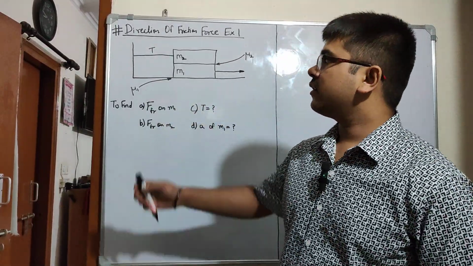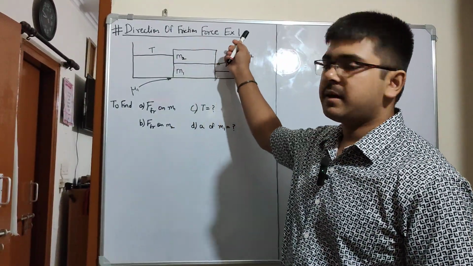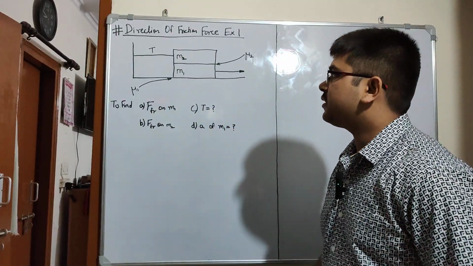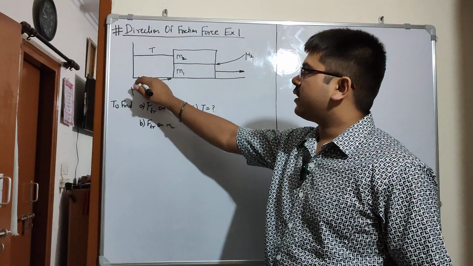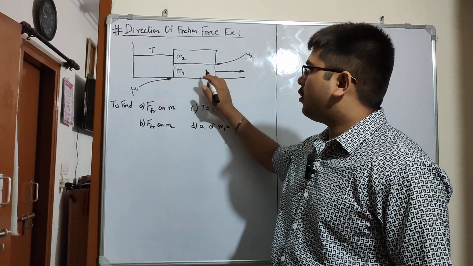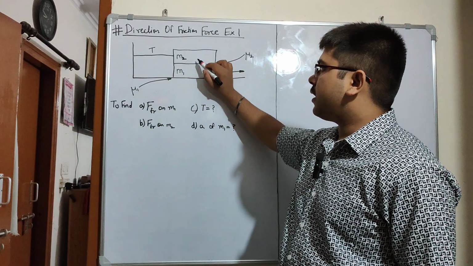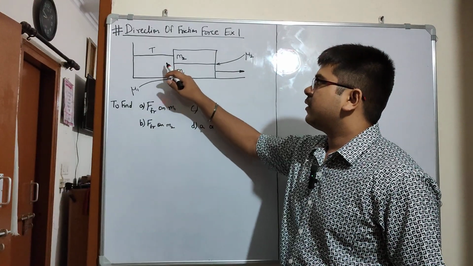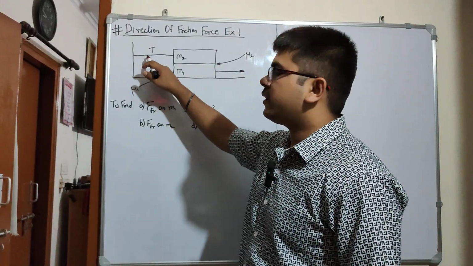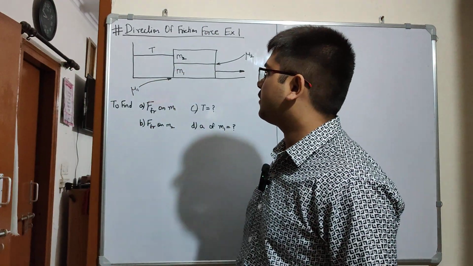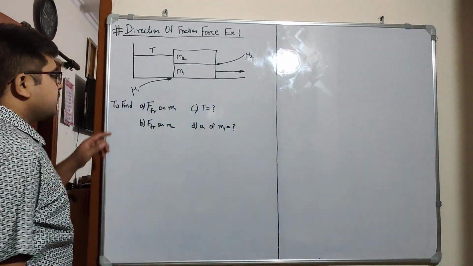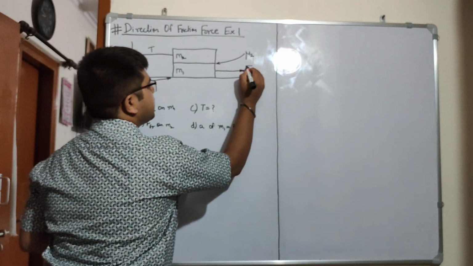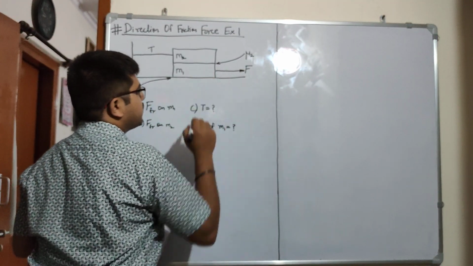Today we will be studying direction of friction force example 1. This is a tutorial problem in which a wall is here and there is a ground here on which M1 and M2 are kept, and M2 is attached to this wall through a cable T. We have to find the friction and the force F is applied in this direction on M1.